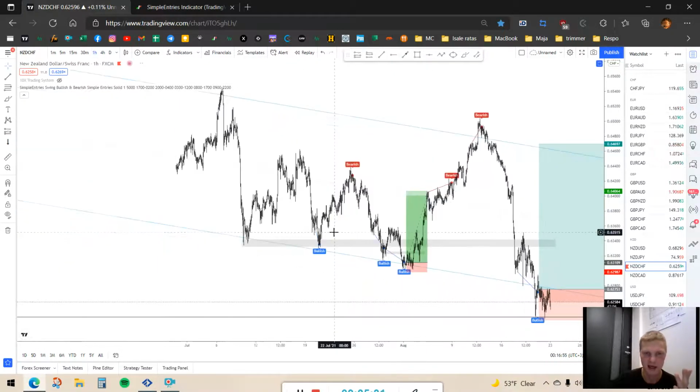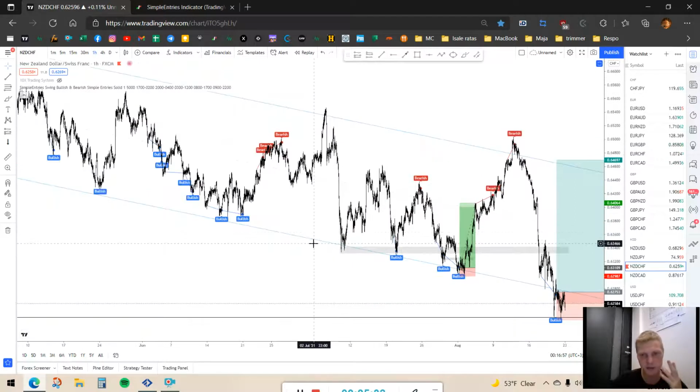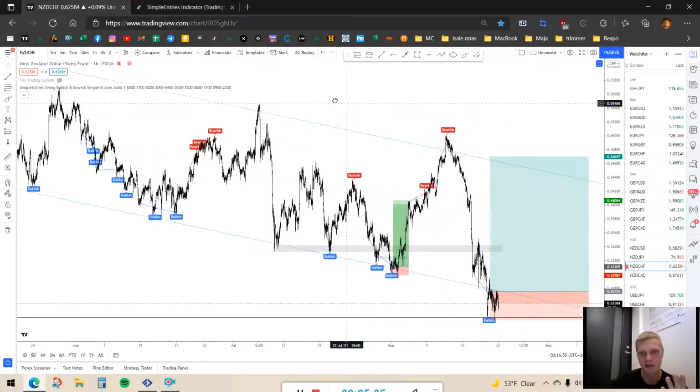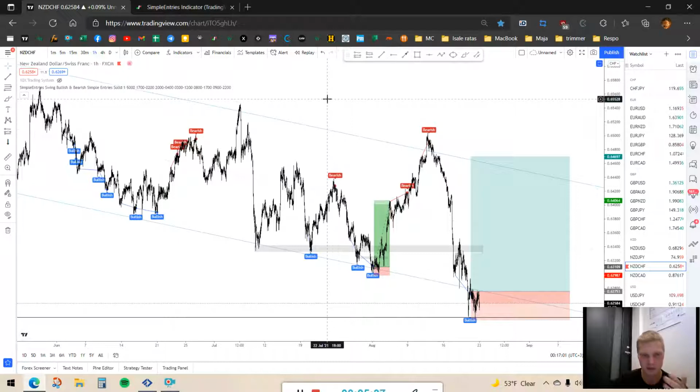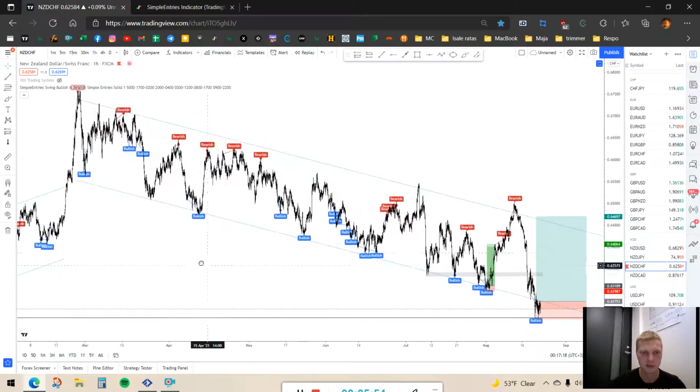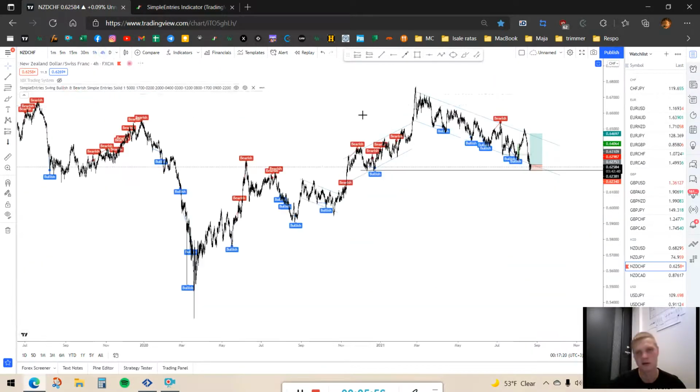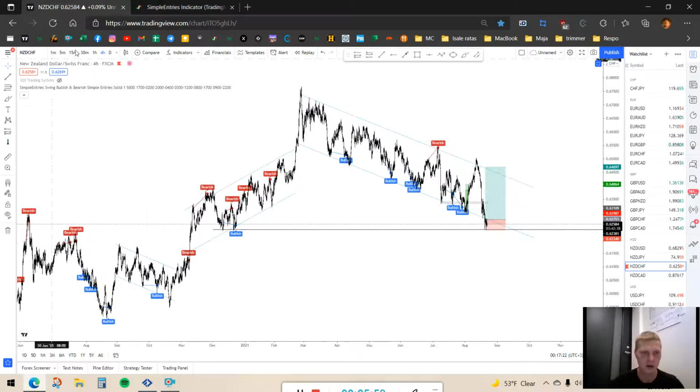because the Simple Entries indicator is pretty accurate when it comes to giving signals about potential reversals. Because when you look at NZD CHF, I identified a downward channel on H4.